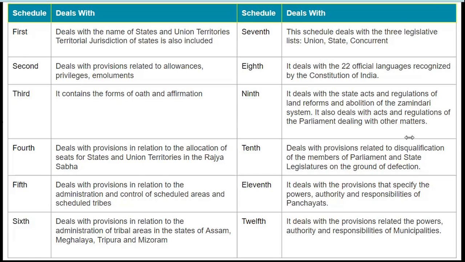And then you have the sixth schedule that deals with provisions in relation to the administration of tribal areas in the states of Assam, Meghalaya, Tripura, and Mizoram, right?